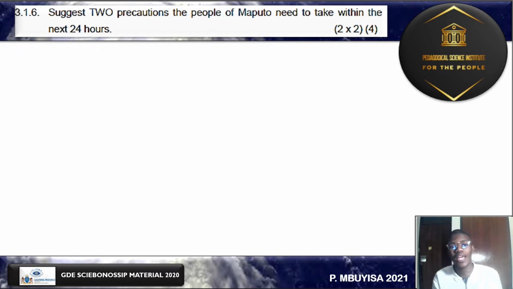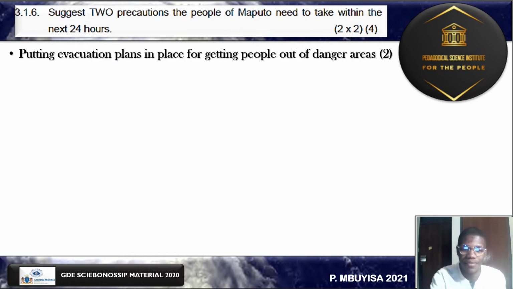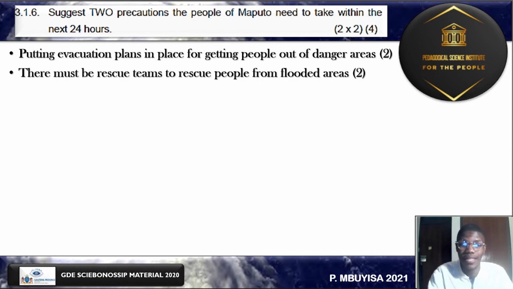So it's going to come with very strong winds, very heavy rainfall. And they will need to first have an evacuation plan to get people out of dangerous areas, and your dangerous areas may be your coastal areas. So people will have to be evacuated out of the coastal areas to avoid being flooded by the system.